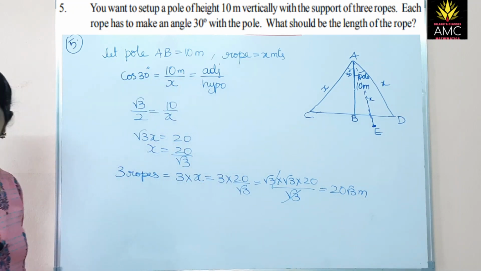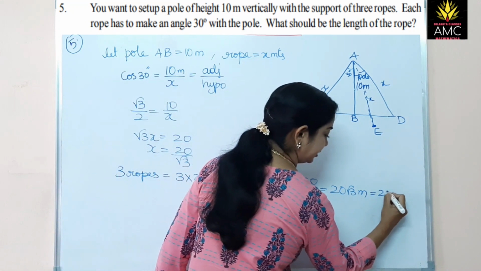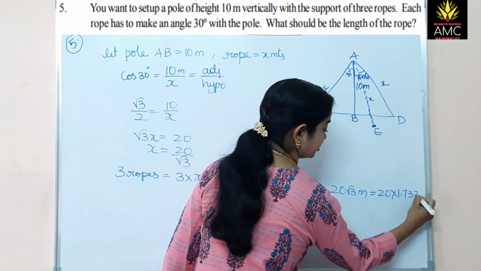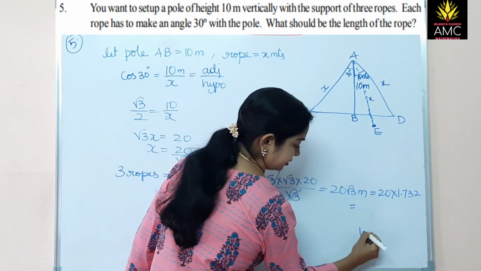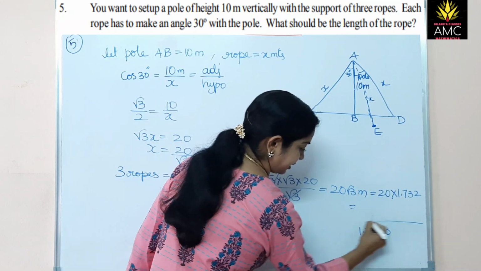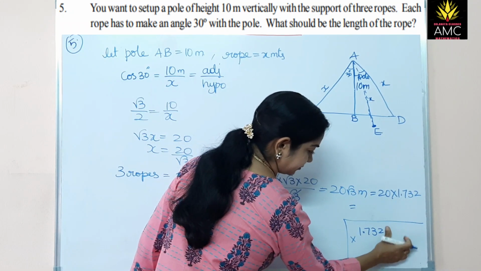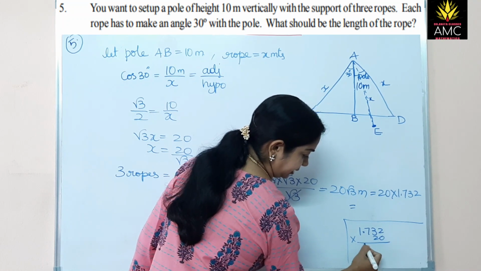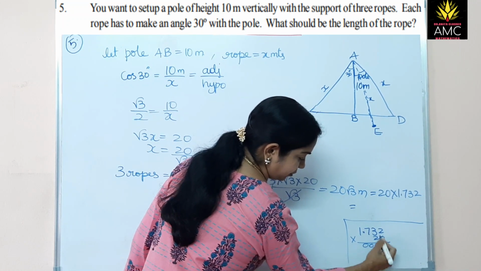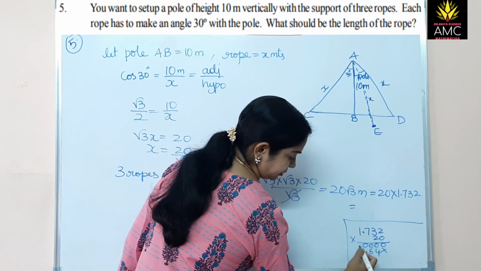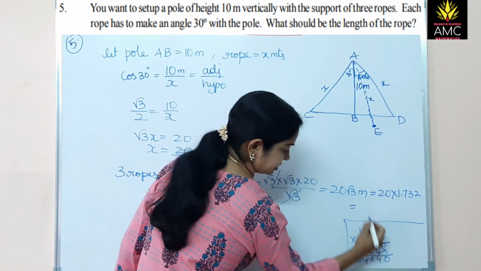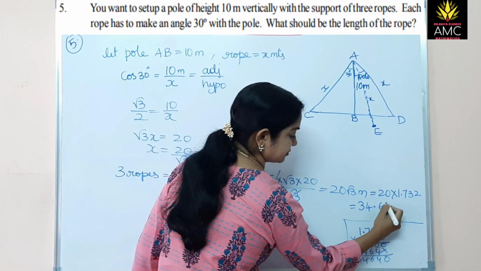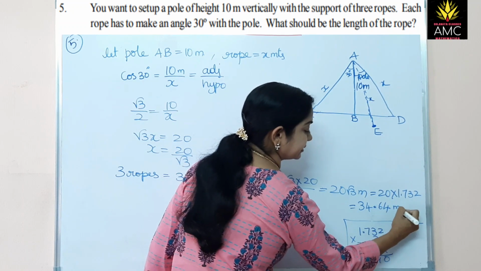Further you can simplify this. 20 into 1.732, so let me do it here as a rough part. 732 multiplied by 20, so that comes to 34640, so with 2 decimal digits that is 34.64 meters.